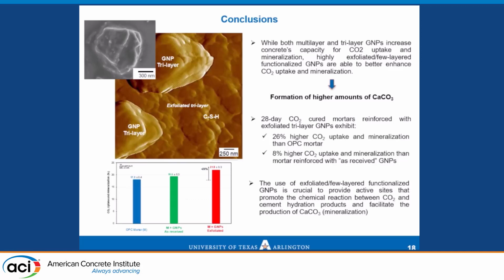We saw that the 28-day CO2 cured mortars reinforced with the exfoliated tri-layer GNPs exhibit a much higher, 26% higher, CO2 uptake and mineralization. And the use of exfoliated few-layer, tri-layer functionalized GNP is crucial to provide active sites to promote the chemical interactions between the CO2 and the cement hydration products, thus facilitating the production of calcium carbonates.